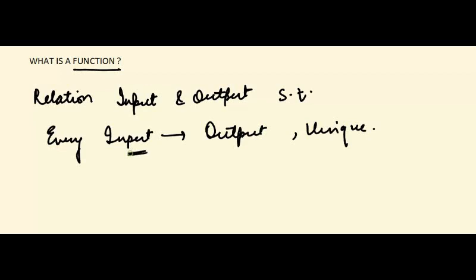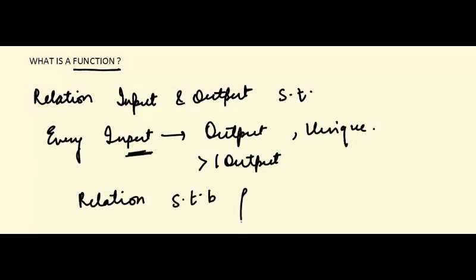That is, for no input will you receive more than one output, but for every input you will receive an output. Then that relation is said to be a function between input and output set.